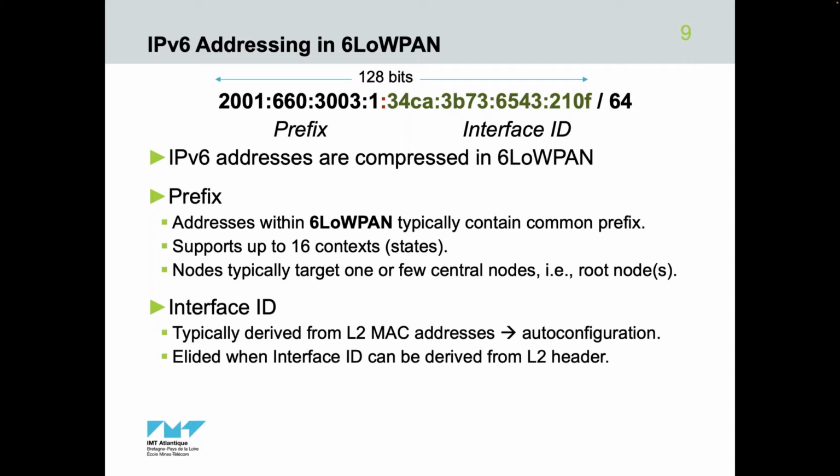So this already reduces essentially the use of the different IPv6 addresses. On the other hand, the interface ID is typically derived from the layer 2 MAC addresses, and therefore it can be elided. So no need to transmit the 64 bits from the source to the destination, both for the source and the destination IPv6 addresses.